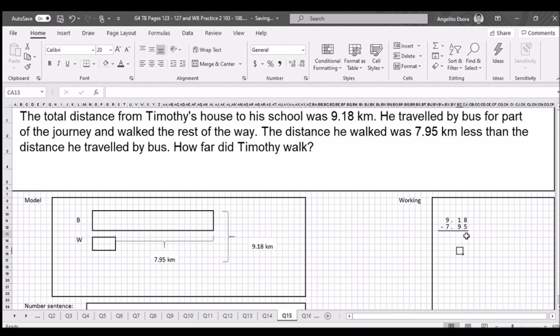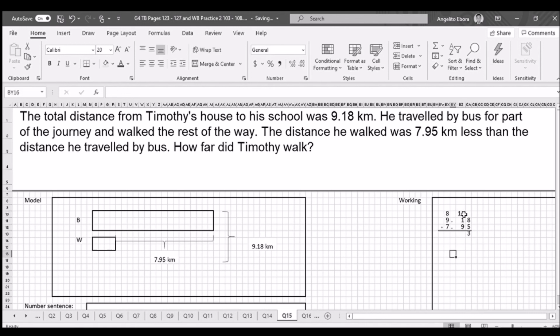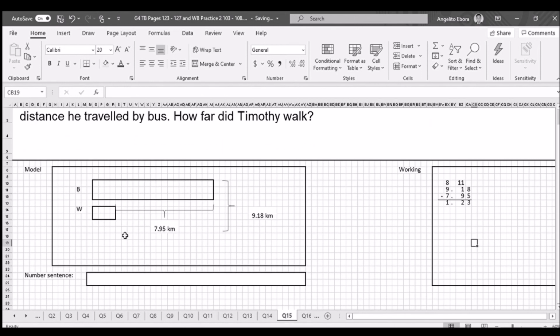So 8 minus 5 is 3. We can't subtract 9 from 1, so we have to regroup. So this becomes 8, and this becomes 11. So 11 minus 9 is 2. 8 minus 7 is 1. So 1.23. So the distance that he traveled by walking is 1.23 kilometers.